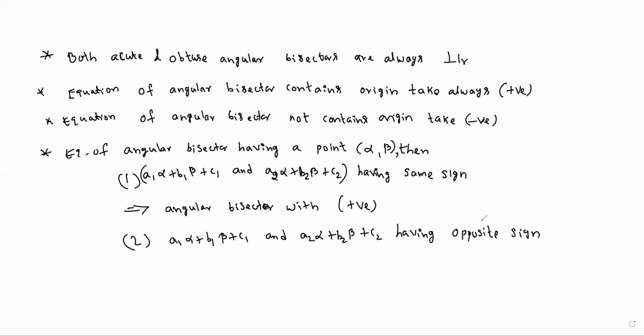Here, in the first case, both having the same sign, nothing but either both values are positive or both values are negative. In that case, while finding the equation of the angular bisector, in the formula take the plus symbol.